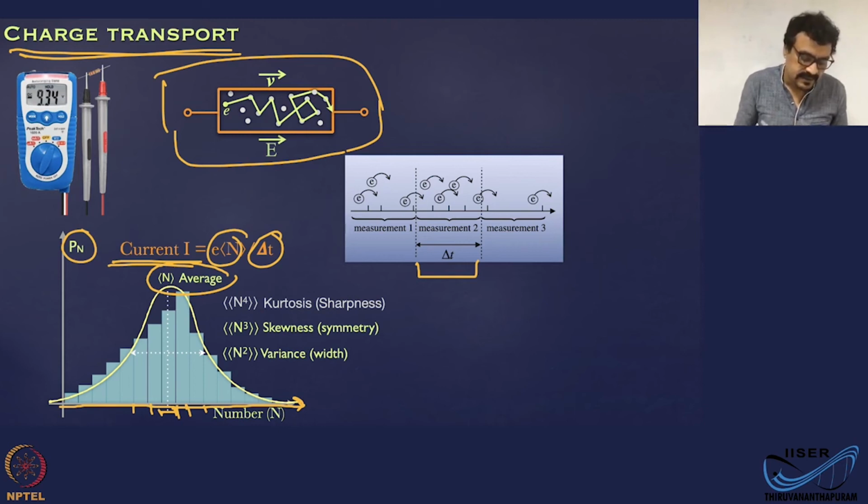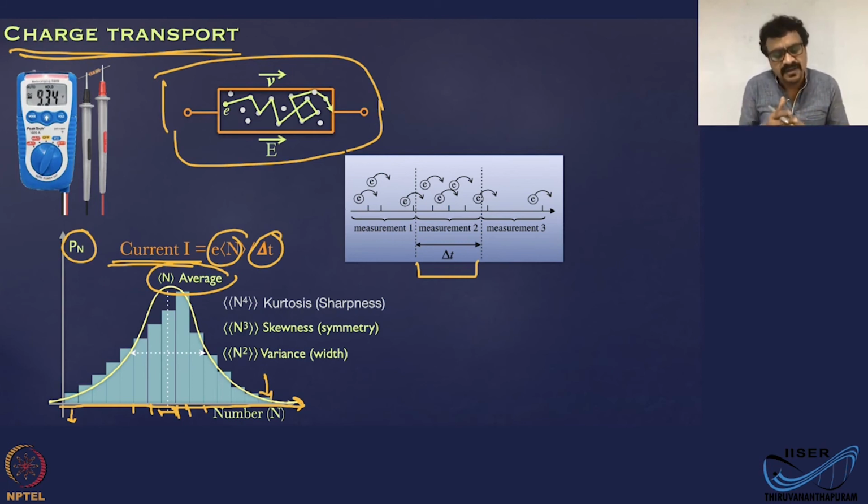And the probability of getting a very low number and a very high number are very low, because it has a statistical behavior. More or less every time, if you define the voltage and the resistance value, on an average, the same current flows through it.